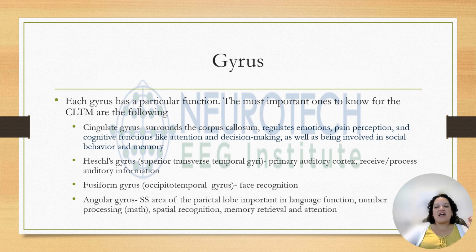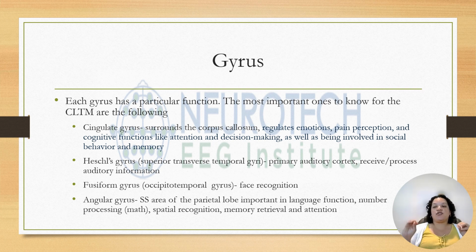And then we have the angular gyrus, which is in the somatosensory area of the parietal lobe, and it's important for language function, number processing, spatial recognition, memory retrieval, and attention. So for this one, if you see a question that is asking about mathematics, math operations, just think about parietal.